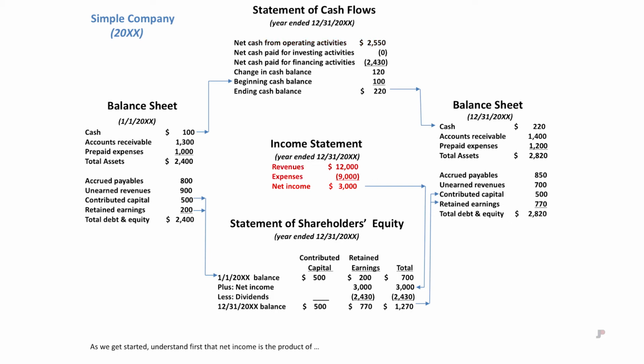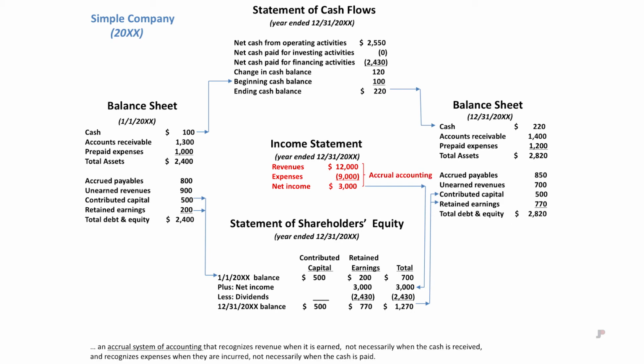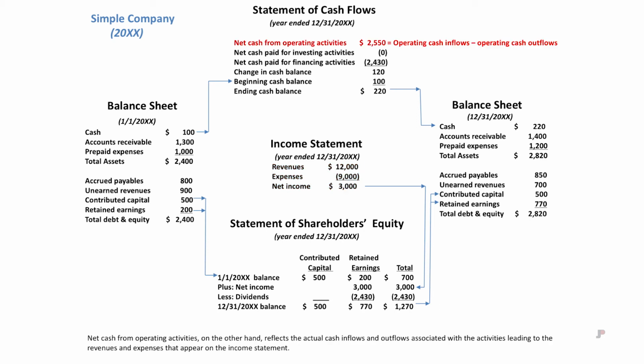As we get started, understand first that net income is the product of an accrual system of accounting that recognizes revenue when it is earned, not necessarily when the cash is received, and recognizes expenses when they are incurred, not necessarily when the cash is paid. Net cash from operating activities, on the other hand, reflects the actual cash inflows and outflows associated with the activities leading to the revenues and expenses that appear on the income statement.